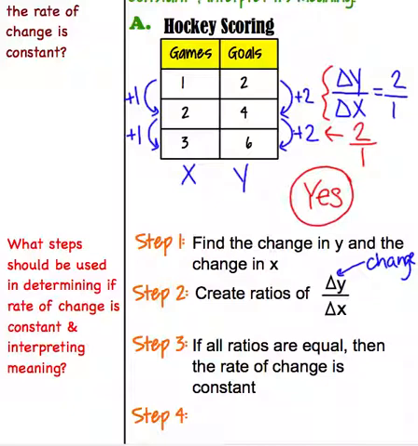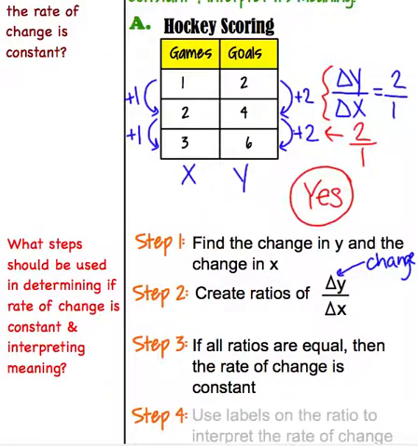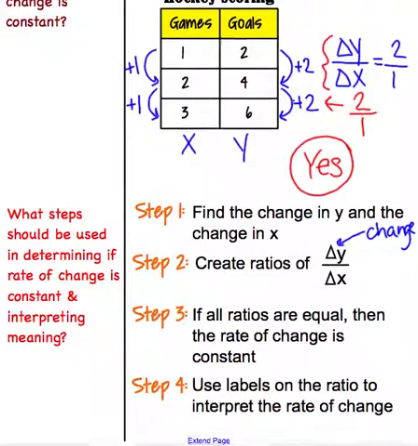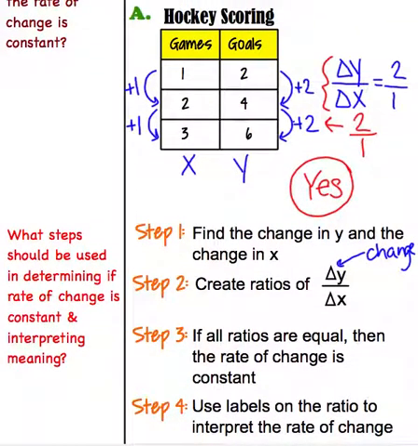Then that second part is to interpret the meaning of this rate of change. We need to add labels to this to interpret the change. The nice part about a table is that our labels are right there in the table.